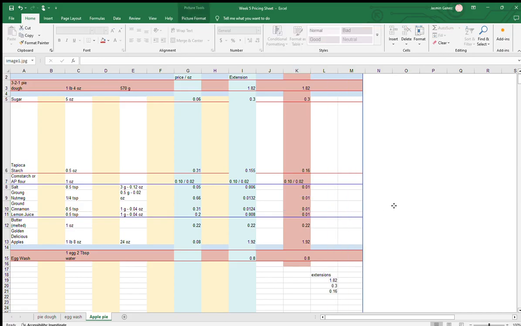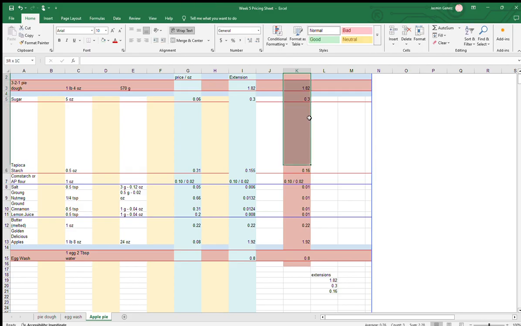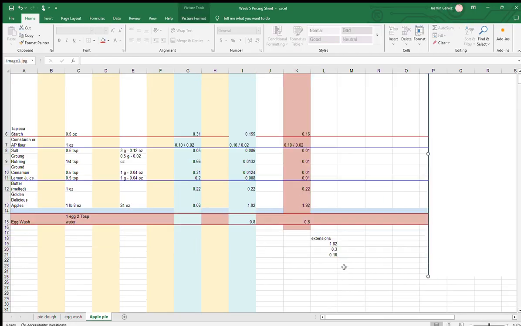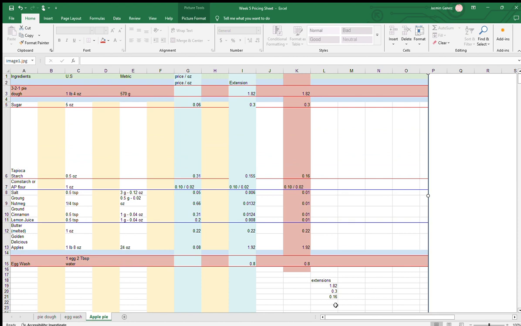Now, of course, we have the actual extensions. This is the extension that you would want to put on the costing sheet. Now over here, I was in the middle of doing this before my internet went down. 0.10.